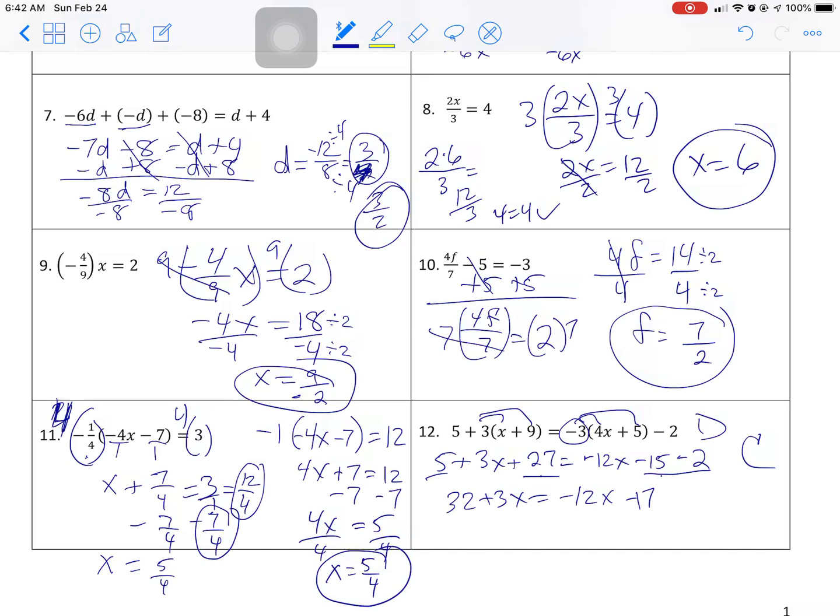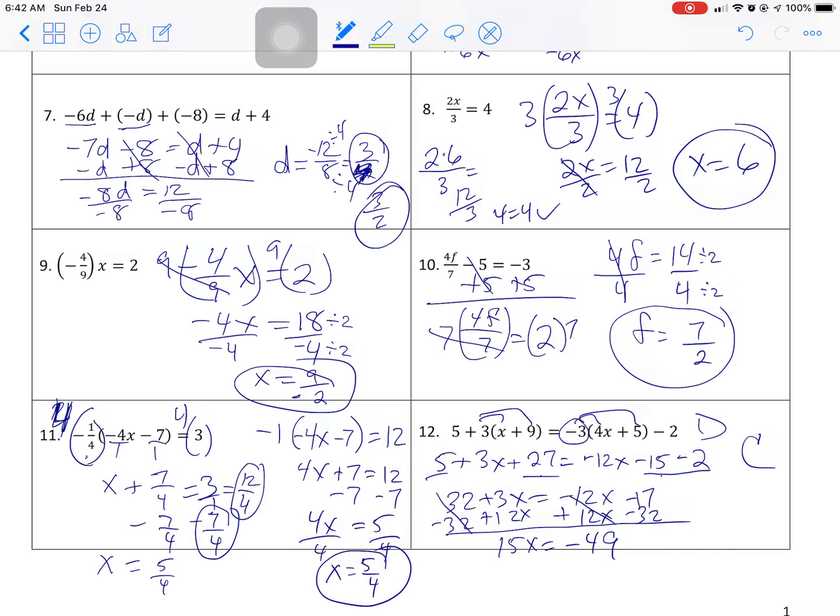Alrighty. All right, now this one gets moved this way. This one gets moved this way. So this is going to be 15x equals negative 49.